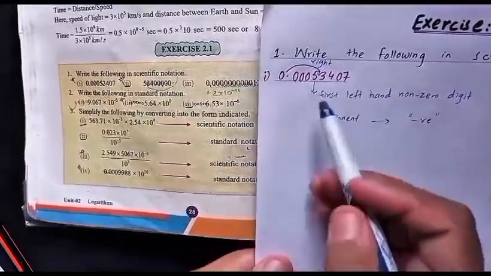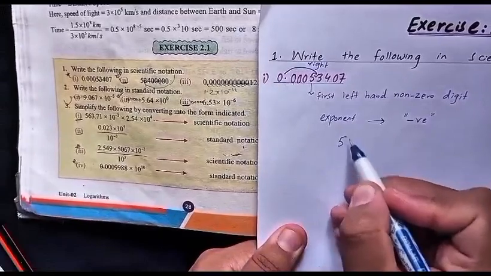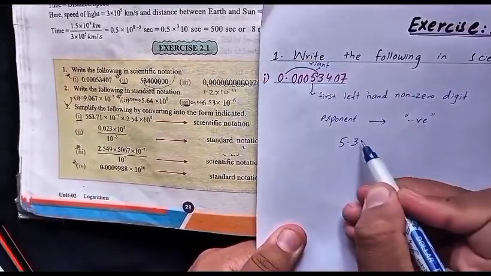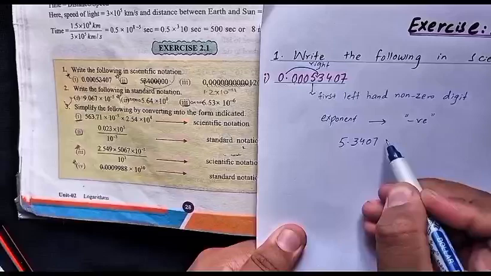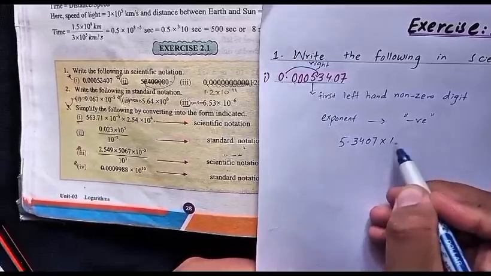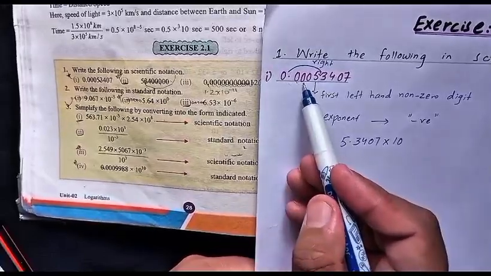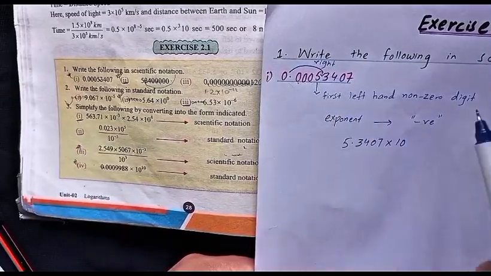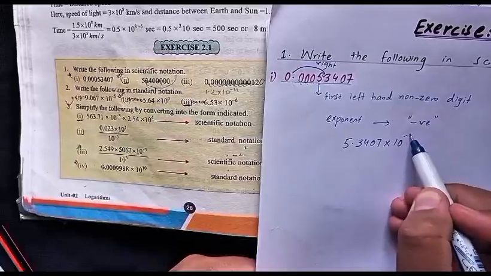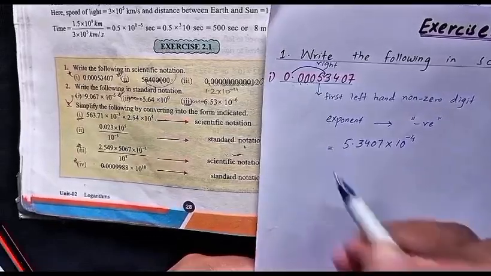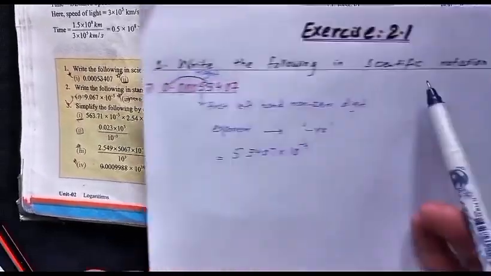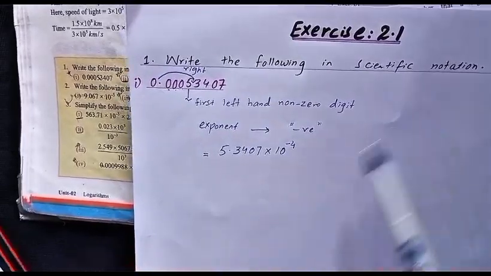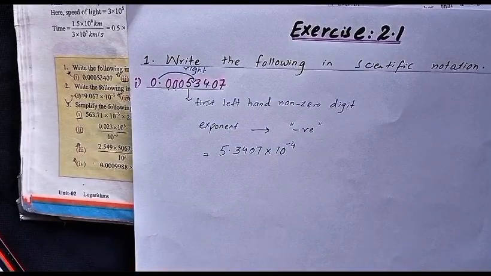Now counting the number of digits to the right side, 5.347 multiplied by 10 power, the number of digits is 4 and we moved to the right side, so the power is 10 power minus 4. This is the required scientific notation form of the given question.